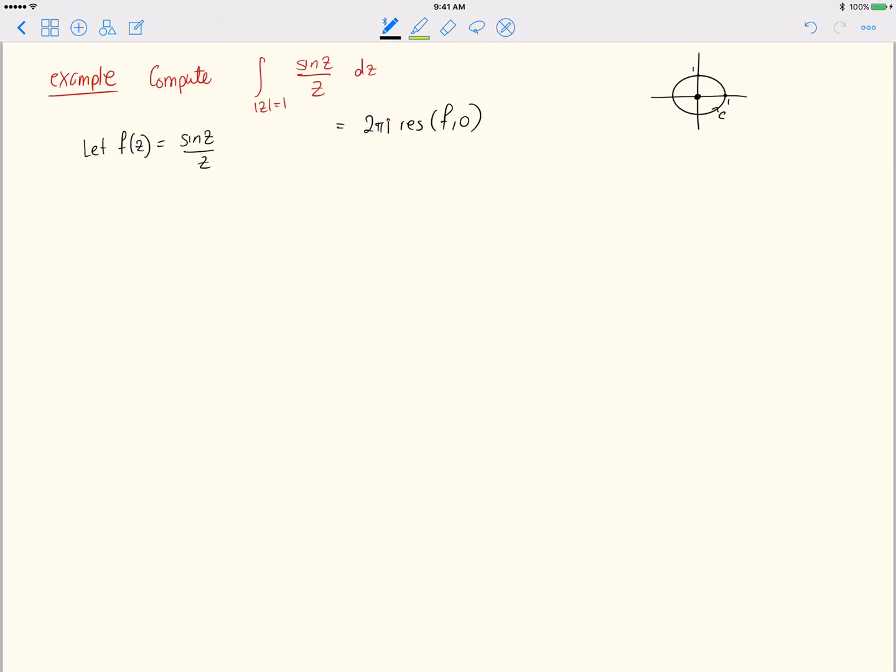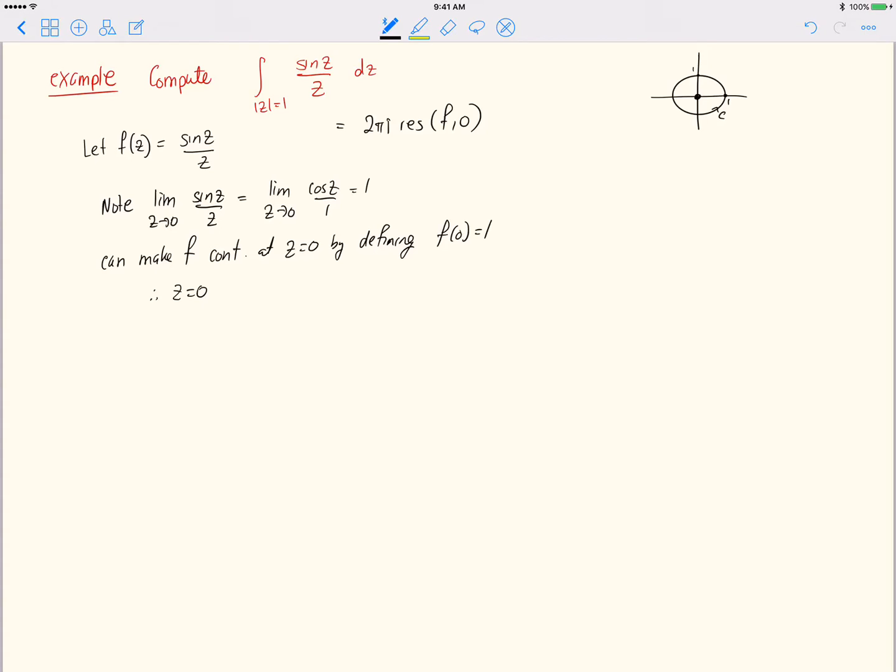Now what's the residue of f at 0? Well, note that the limit as z approaches 0 of sin z on z, if I use L'Hopital's rule, equals the limit as z approaches 0 of cos z on 1, which equals 1. So I can make f continuous at 0 by defining f of 0 to equal 1.